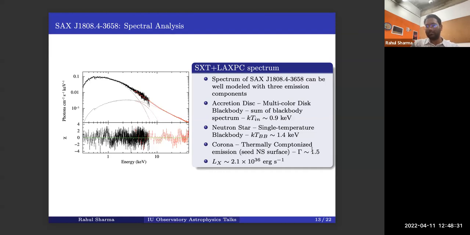The corona temperature was very high, above 100 keV, which cannot be detected because the bandpass is below 50 keV or so in the LAXPC data.